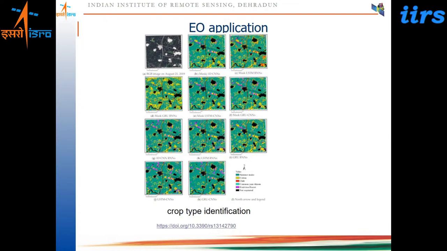From the satellite images we can look for specific features which have been learned by a particular algorithm, and using that algorithm we can make predictions, and we can also identify the different stages of crop as well as different types of crop. That's what we can do using AI-based applications.